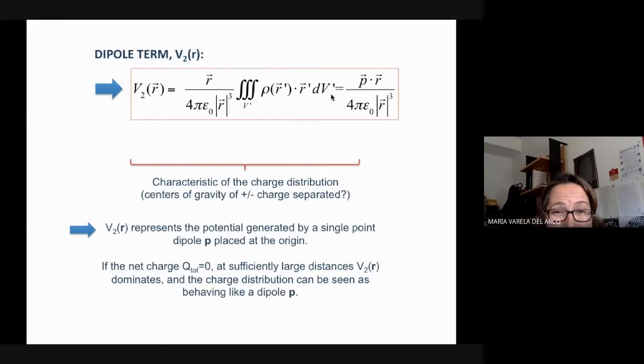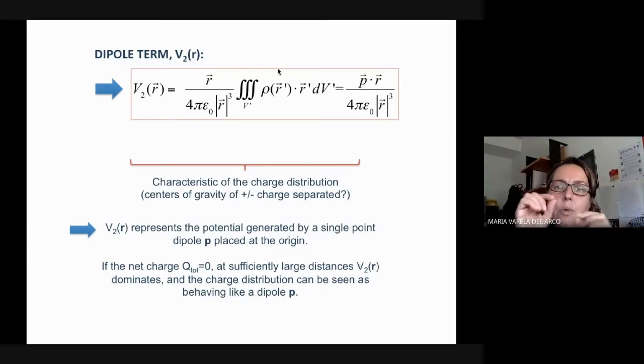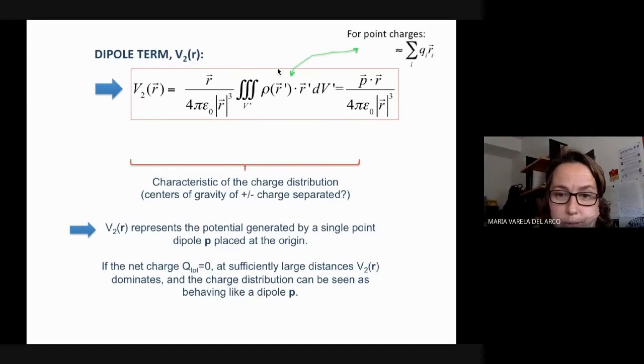So in this case, what does the dipole term represent? Well, it is exactly the potential here that would be generated by a dipole of magnitude equal to this P, placed at the origin. If we have a situation where right at the very origin I place a dipole P, this dipole is going to generate a field around it.